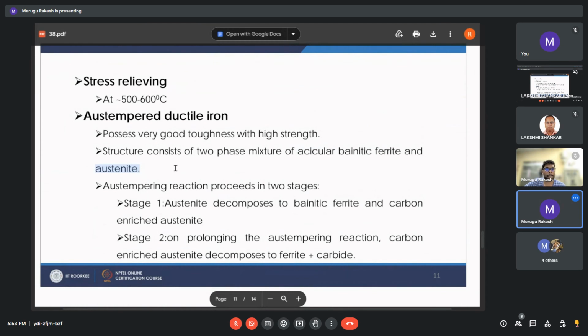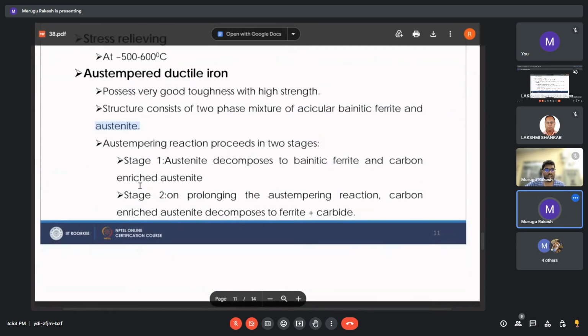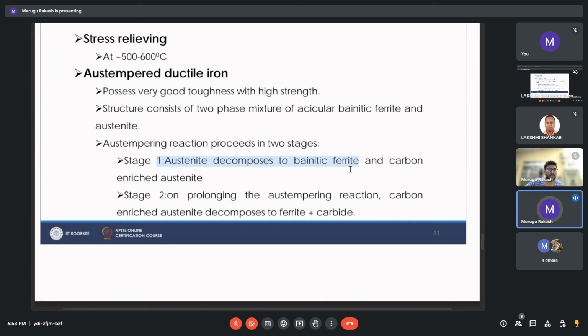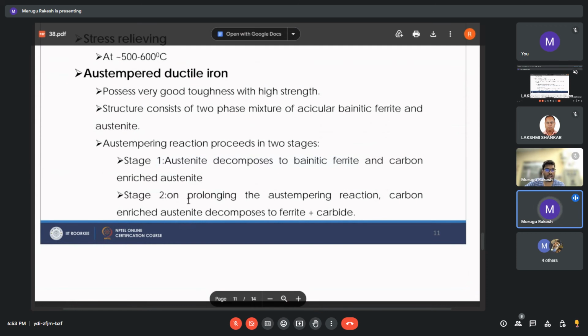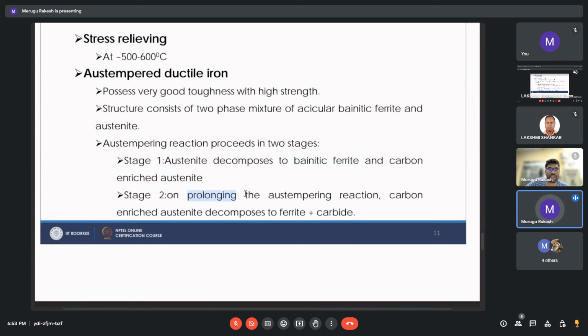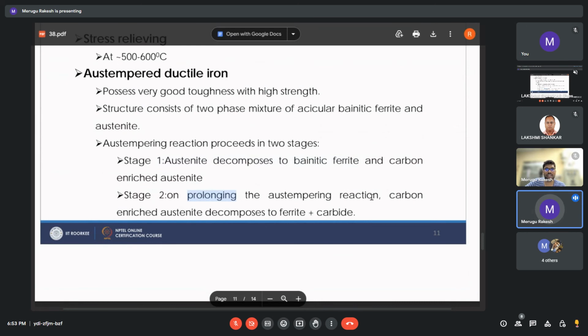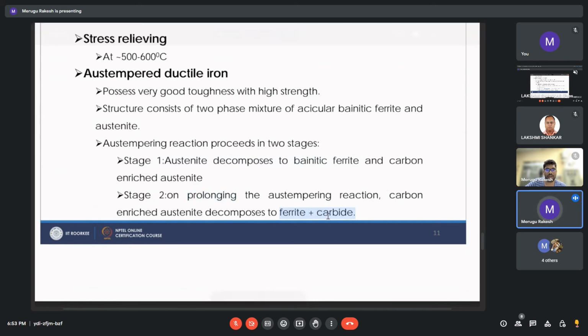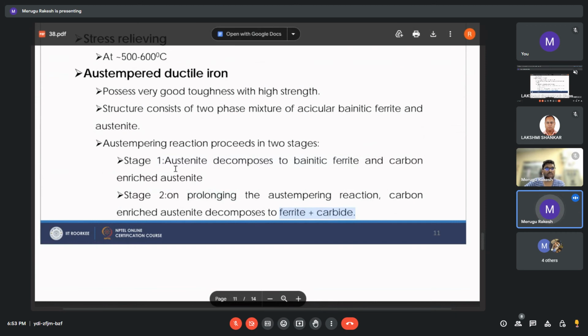The austempering reaction happens in two stages. In the first, austenite decomposes into bainitic ferrite and carbon enriched austenite. In the second, on prolonged soaking in the temperature range, the carbon enriched austenite decomposes into ferrite and carbide. This is what happens during austempering of ductile iron.